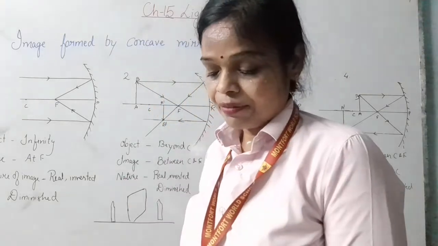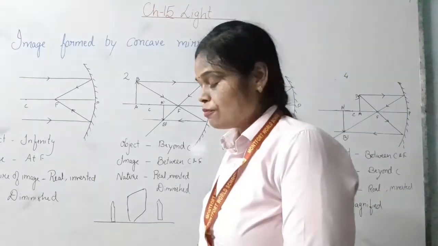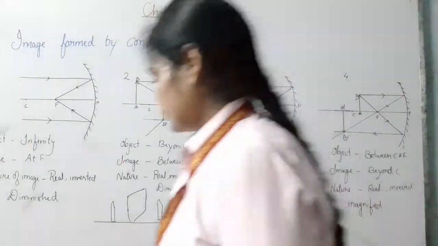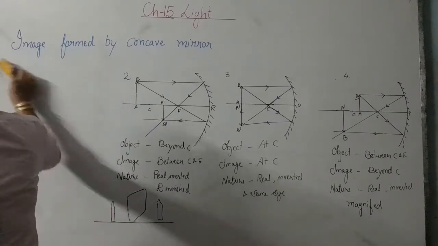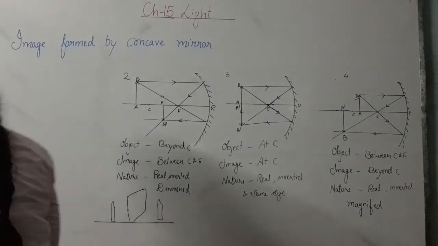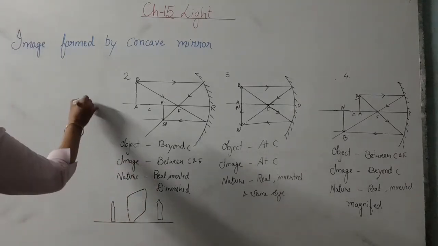So we can draw the diagram of dispersion of light through the prism. The prism is in a triangle shape.